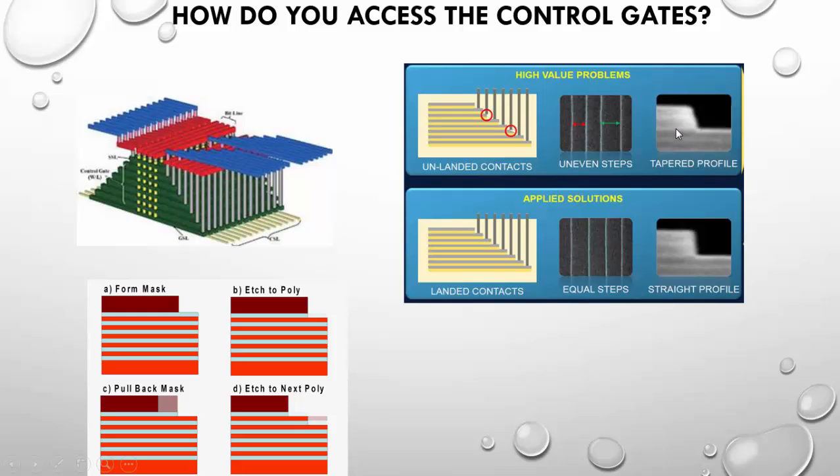This problem is illustrated in the lower red circle on the top left drawing. Here the wire may or may not actually connect to the word line, leading to the potential failure of our entire flash block.